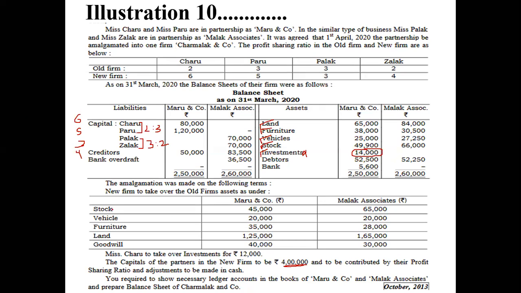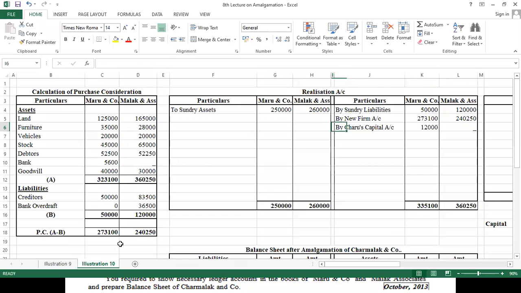So all the adjustments we have done, we are only left out with partners' capital to new firm. So let's find out the realization profit, and that we will transfer to partners' capital account.